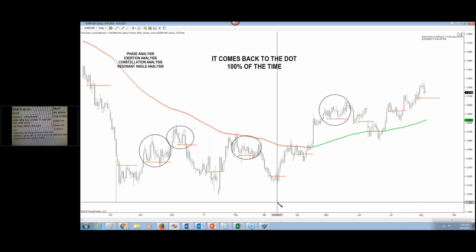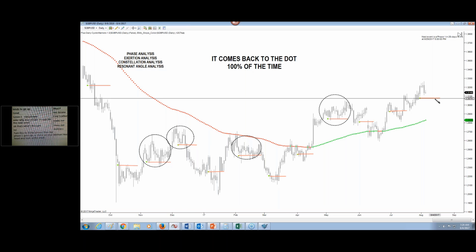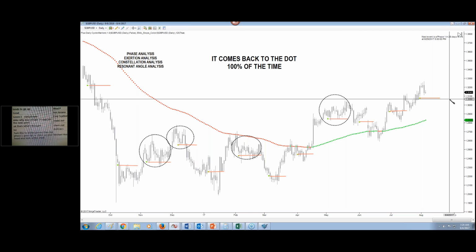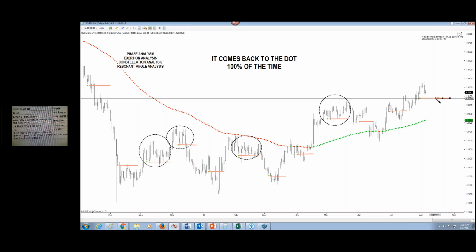So about half of the time, it'll touch that dot price and go up. So if you're adding positions to the retracement here, this price right at the dot, in the middle of this consolidation tends to be a place where that happens. Everybody good with that so far?